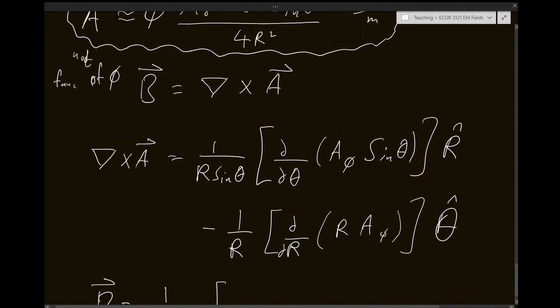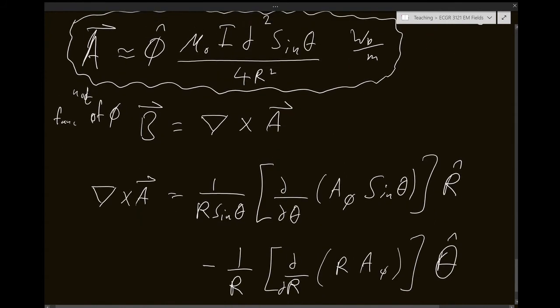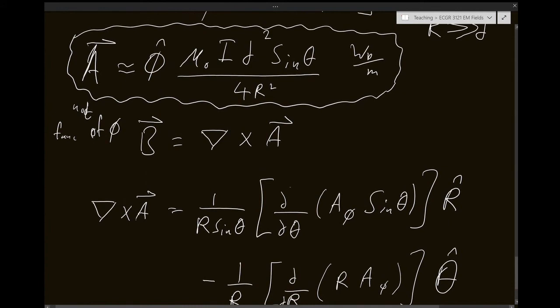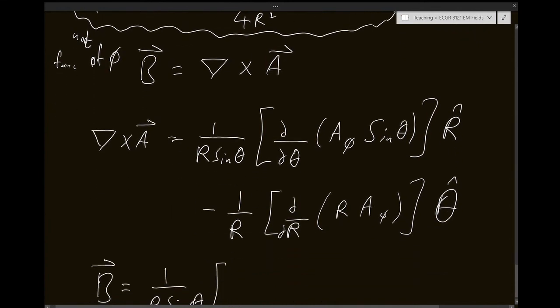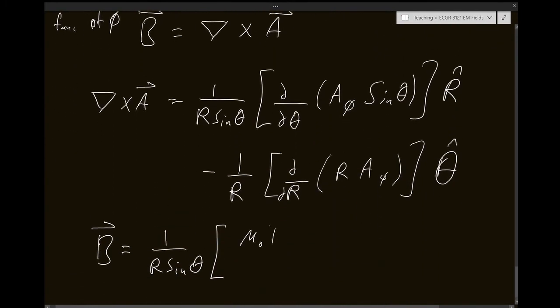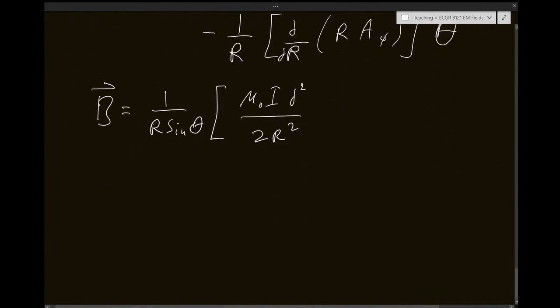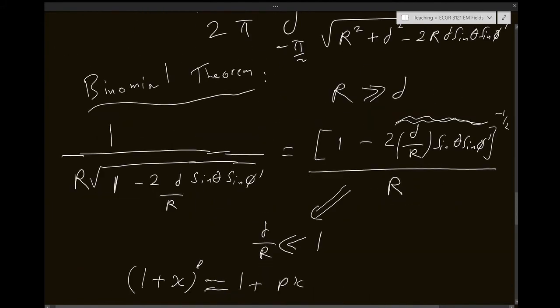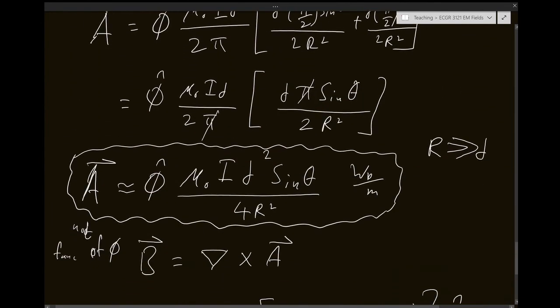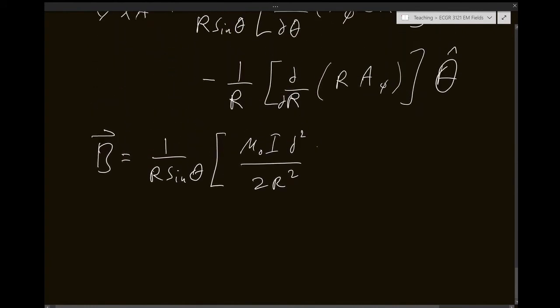So I take A phi. What's A phi? A phi times sine theta, I end up with sine squared, and I differentiate with respect to theta. A phi is mu naught I d squared over 4r squared, and then I differentiate the sine squared.